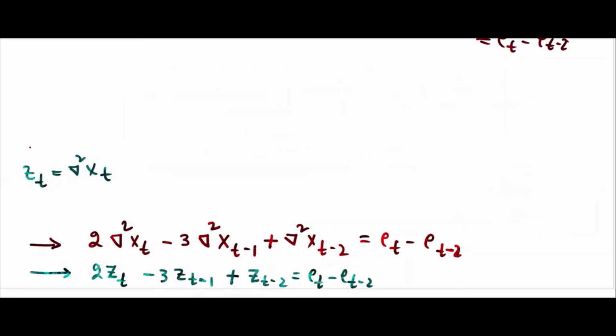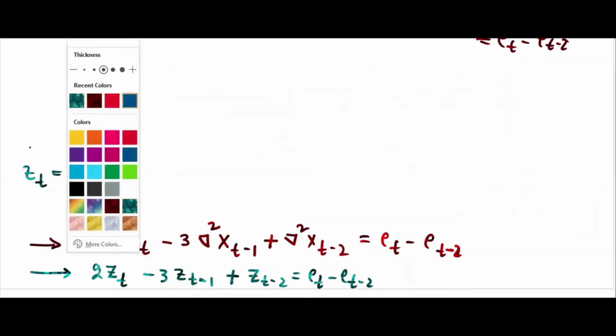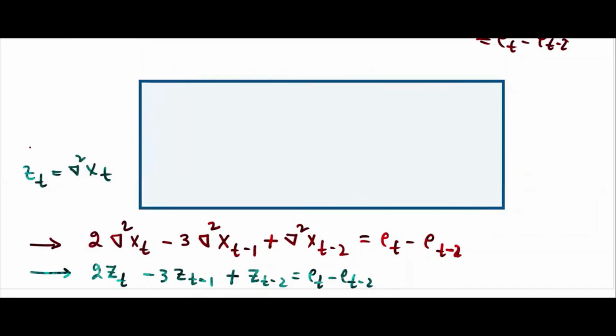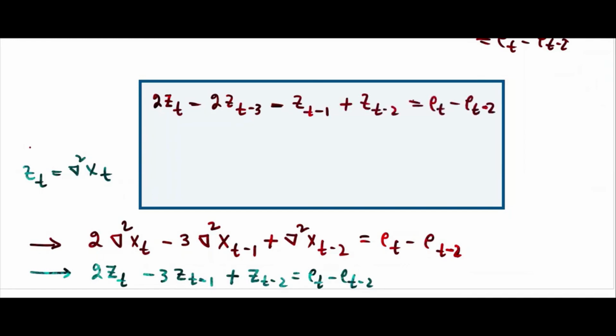It will take 2 minutes more, okay. So next what will happen? Let's create space here. Now 2 Z_t minus 2 Z_{t-1} minus Z_{t-1}, okay, minus 3 Z_{t-1}, and then we want plus Z_{t-2} is equal to ε_{t-2}.